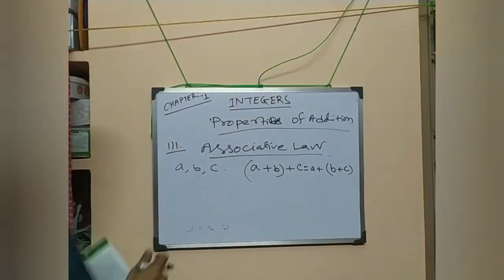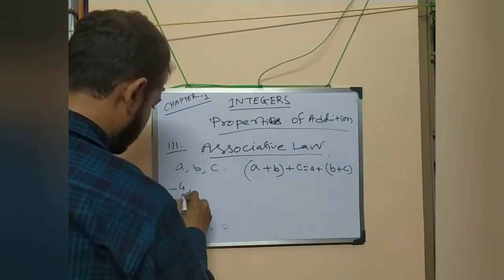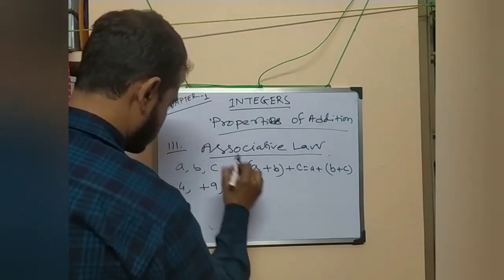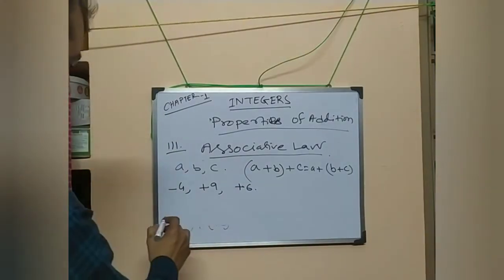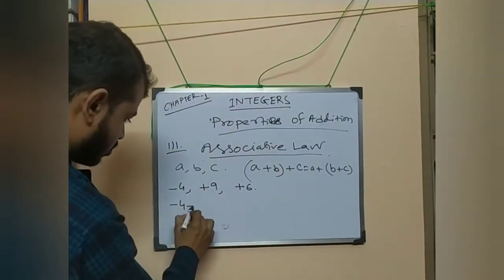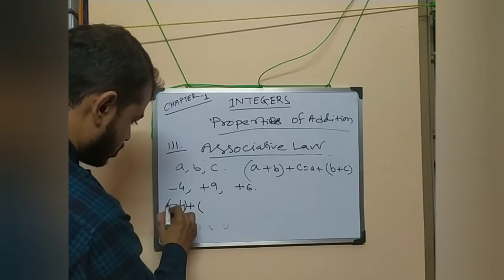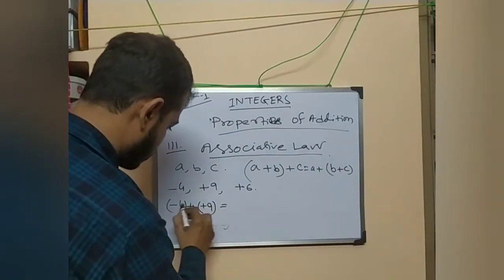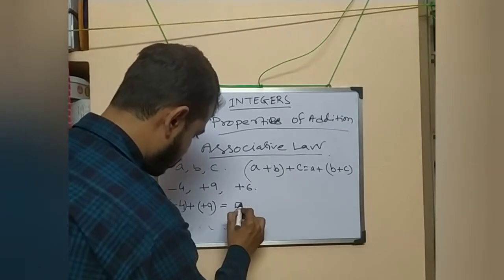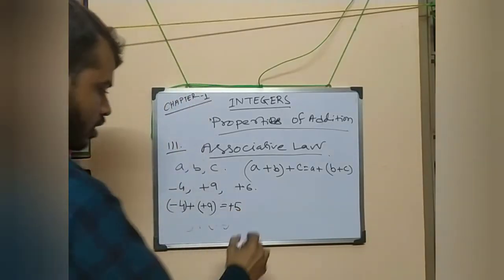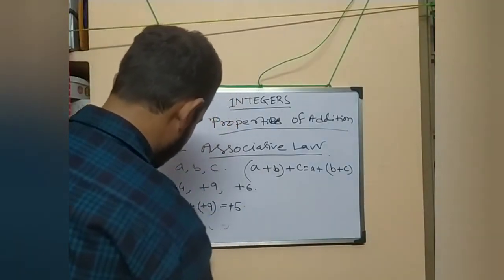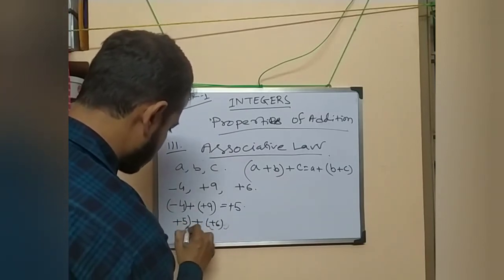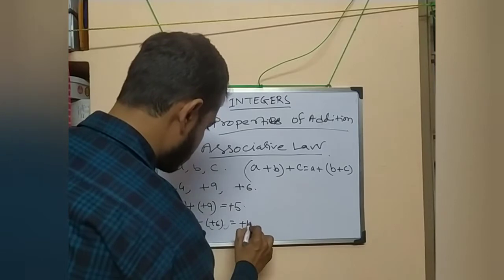See any 3 integers, minus 4, plus 9, plus 6. First we add minus 4 plus 9, then we have 5, and we add plus 5 plus 6, then we have plus 11.